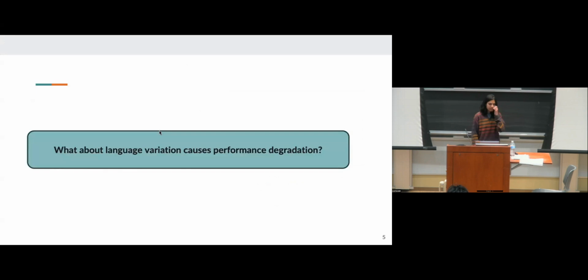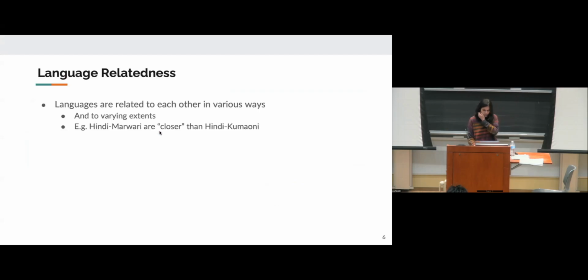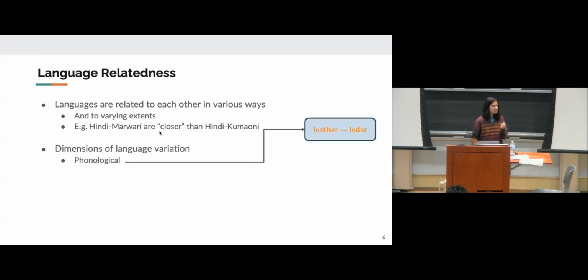So in this paper, we're interested in what it is about language variation, or the differences between languages, that cause this performance degradation when a model is trained on one language and tested on another one. And we consider the following kinds of differences between closely related languages. We have phonological change, so sound changes between different dialects.